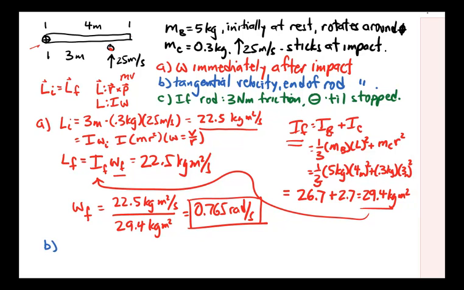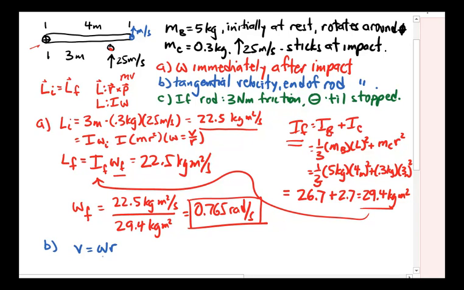Part B, we're looking at the tangential velocity at the end of the rod. So right here, how fast is that going? Really in meters per second, because we're looking at a tangential velocity. This one's going to be pretty straightforward. Our velocity is really just going to be omega r, and that's going to be true of most of our rotational to translational conversions.